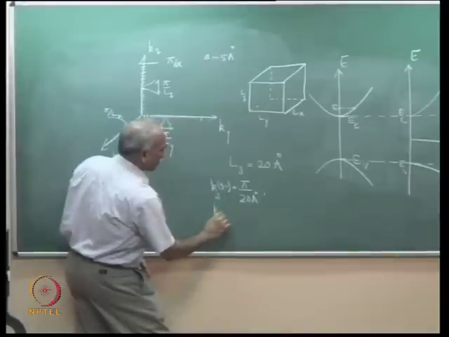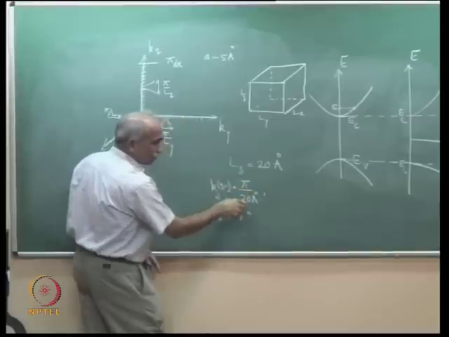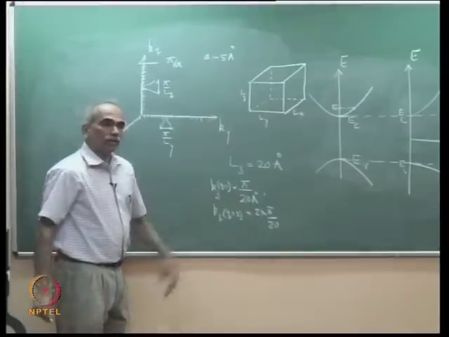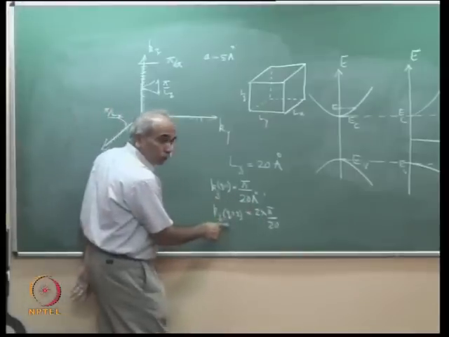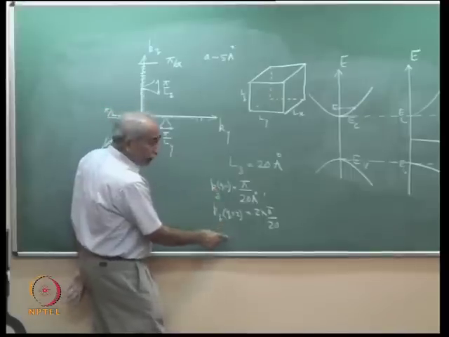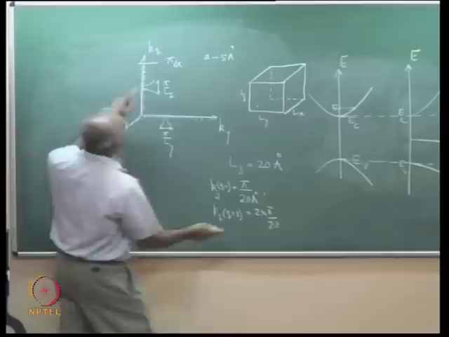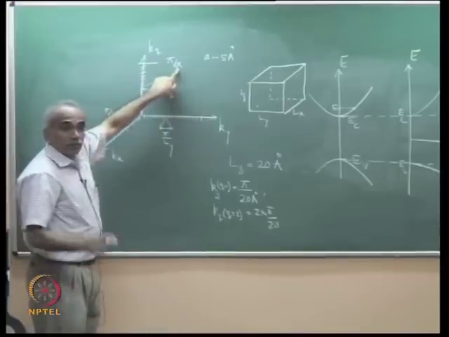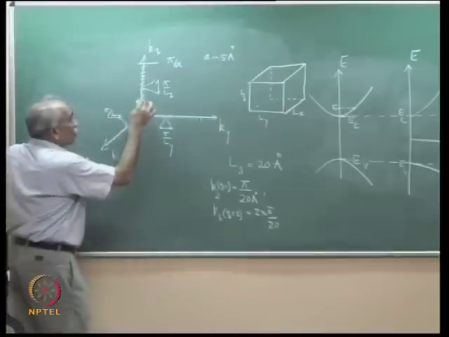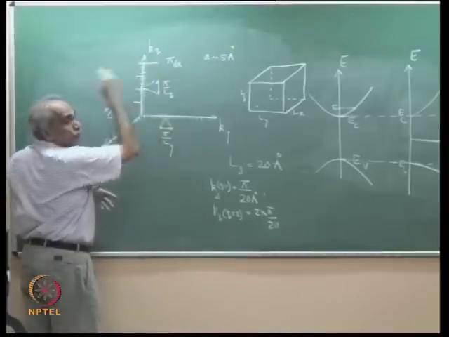The second point, Kz, Q equal to 2, is 2 times pi by 20 angstrom, which is 2 pi by 20 angstrom, and Q equal to 3 is 3 times pi by 20, and Q equal to 4 is 4 times pi by 20, which is pi by 5 angstrom, which is nothing but pi by A. The point is, when I have reduced this dimension to 20 angstrom, I have only 4 permitted values, 1, 2, 3, 4.